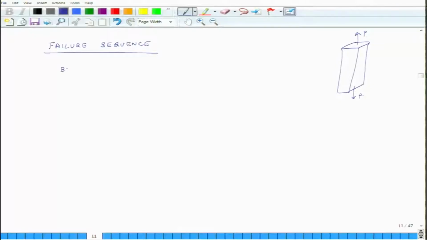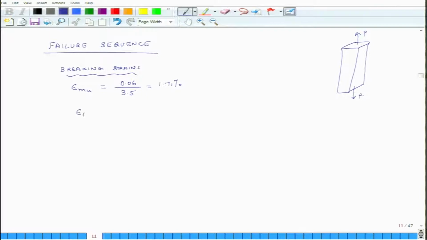So, breaking strains. First we compute for the matrix, epsilon mu. Its strength is 0.06 GPa, and its Young's modulus is 3.5 GPa. So, that works out to be 1.71%.